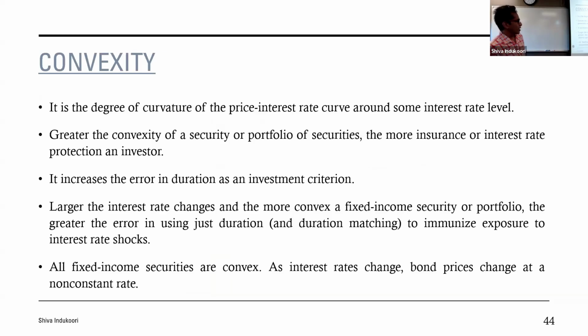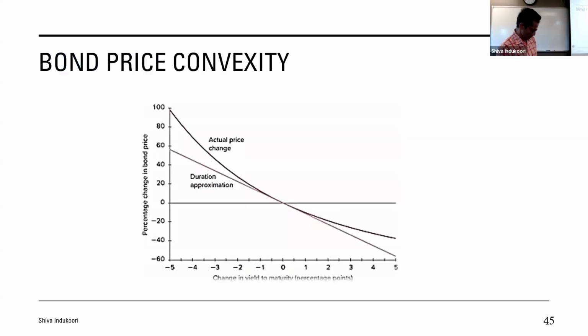And finally, convexity is all about the relationship between the interest rates and the prices, which we have seen here also. This is the convexity and this is a duration approximation. Why do we have convexity in establishing the relationship between the interest rates and prices?